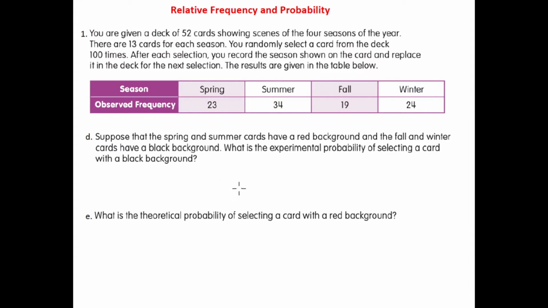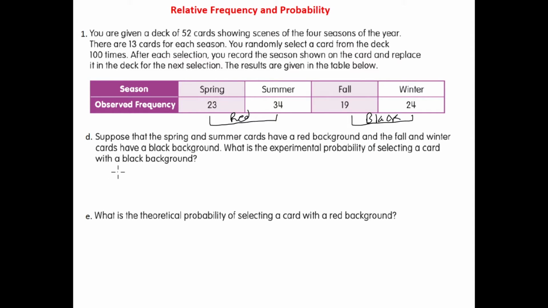For question D, it says now that spring and summer cards had a red background and fall and winter had a black background. We want to find the experimental probability of selecting a card with a black background. So if we're looking at a card with a black background, that occurred 19 and 24 times.